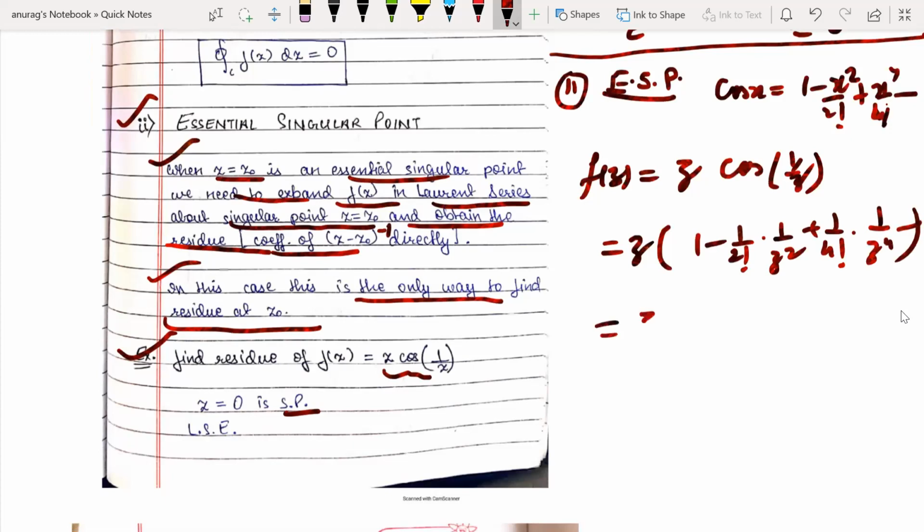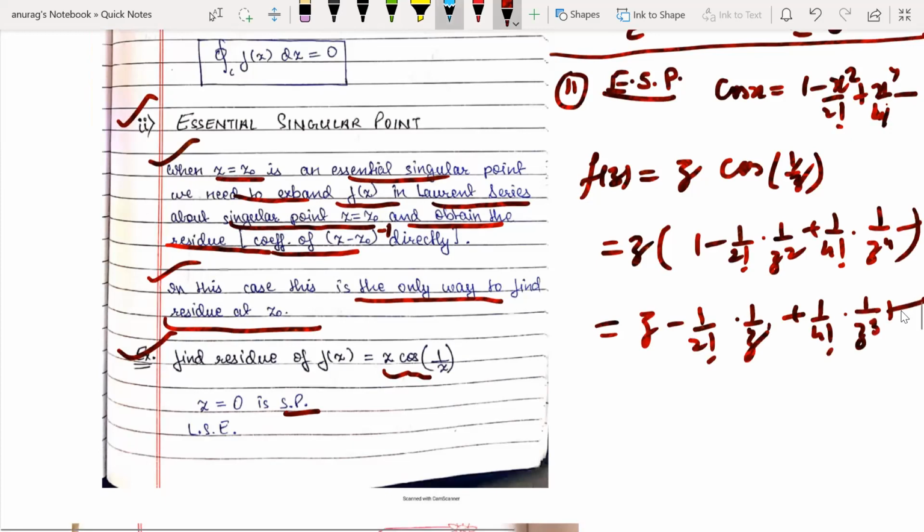If you multiply z inside, this is 1 minus 1 by factorial 2 times 1 upon z plus 1 upon factorial 4 times 1 upon z cube and so on. So there are infinitely many terms whose power is negative. It means z equal to 0 is an essential singular point because you have infinitely many negative-power terms in the expansion.